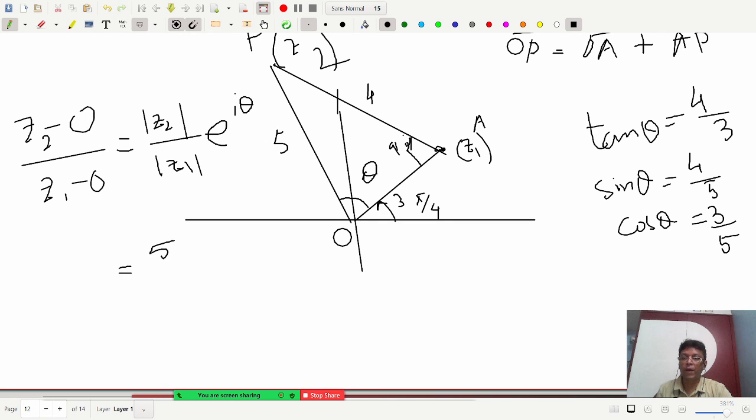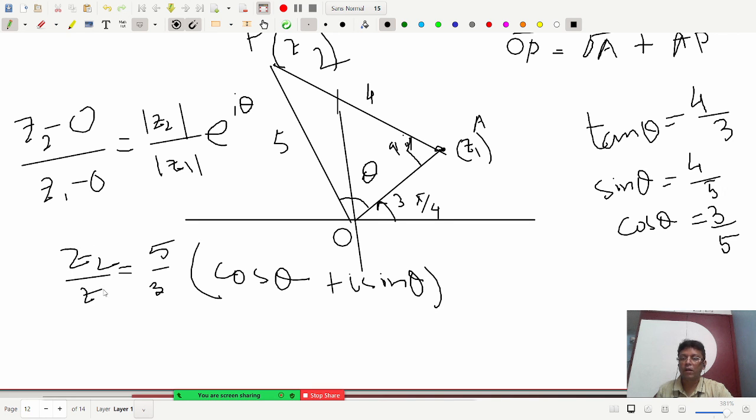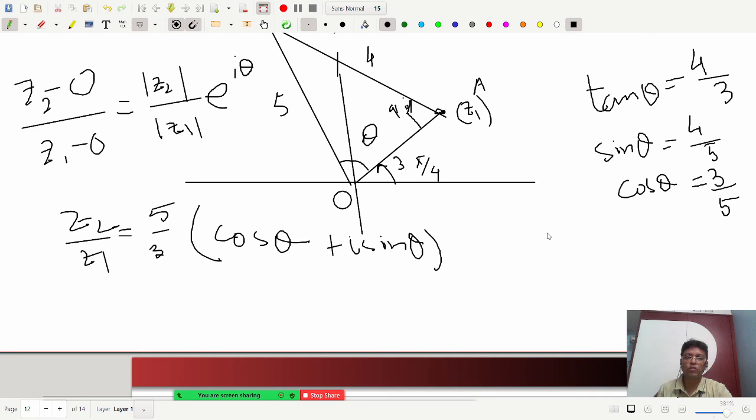So it is 5 by 3 into cos theta plus i sin theta. That is z2 over z1. And you know the values of cos theta and sin theta, so you can easily get z2 in polar form on the Argand plane.